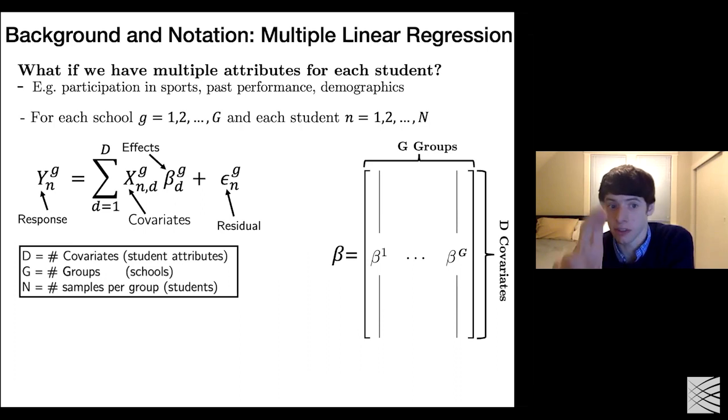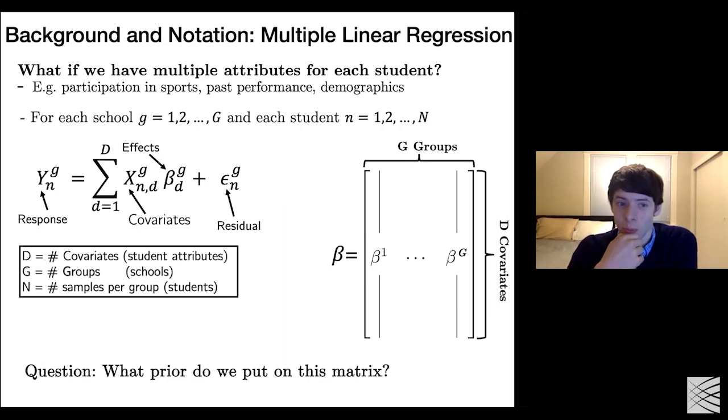And each of these columns is going to be a D vector of effects corresponding to each covariate. And the question here now is, what prior can we put on this matrix? So if we want to do hierarchical modeling, we need to use a prior. And in contrast to the simpler case, now in multiple regression, how to do this is a little bit unclear.